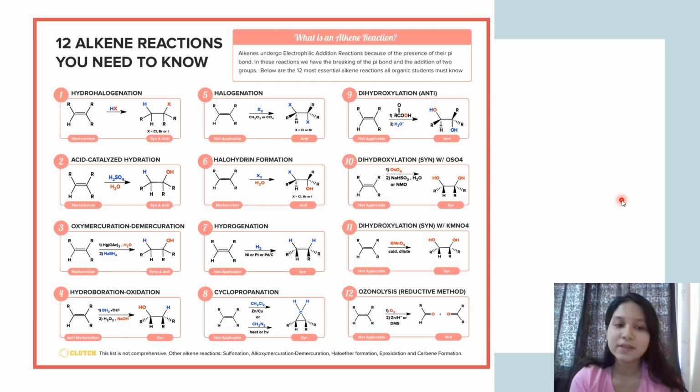Alkenes undergo various reactions like hydrohalogenation, acid catalyzed hydration, oxymercuration-demercuration, hydroboration-oxidation, halogenation, halohydrin formation, hydrogenation, and so on. So, in today's tutorial, we are going to solve a few questions on these topics, and we will try to solve the questions by thoroughly looking at the mechanisms that these reactions follow.